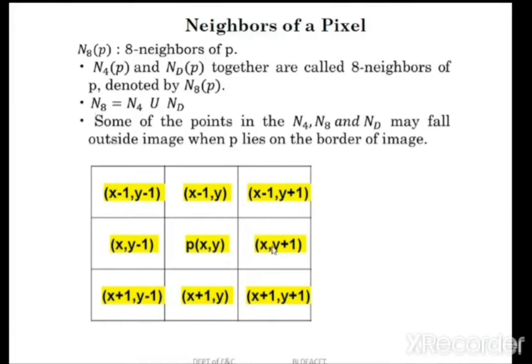Okay, in general I can say that all the surrounding pixels of this pixel P at location x comma y, they can be referred to as 8 neighbors of the pixel.